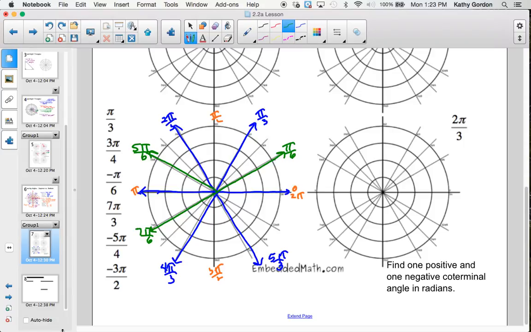Next. 1, 2, 3, 4, 5, 6, 7, 8, 9 pi over 6, which reduces to 3 pi over 2. 10 pi over 6, which reduces to 5 pi over 3. 11 pi over 6 is that one. Go ahead and draw these in since they're just axes.